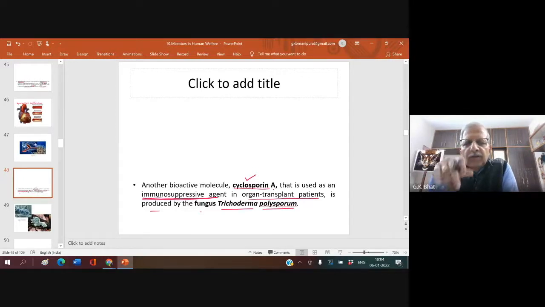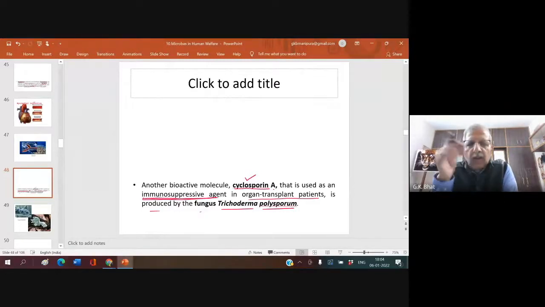Generally, donation is done between the closest blood relatives, like a daughter giving the kidney to, or a sister giving the kidney to one of the other sisters or brother, or a father giving the kidney to the daughter, or vice versa. Amongst the closest blood relatives, the kidney transplantation is done.